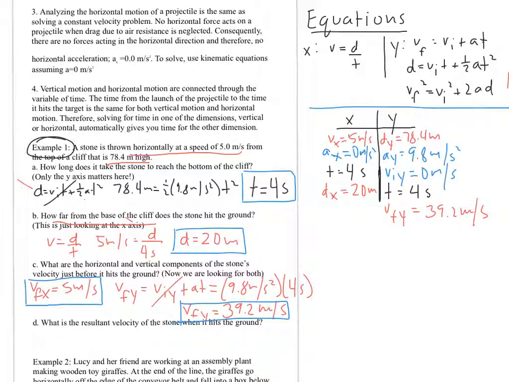Now the last part. What is the resultant velocity of the stone when it hits the ground? Now we have both an x and a y component, and we combine these two together using the Pythagorean theorem.